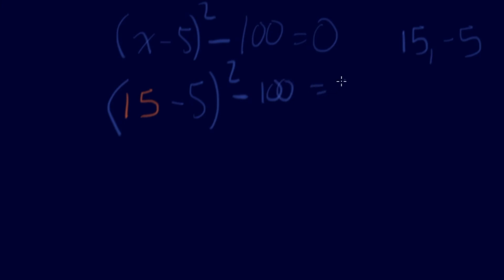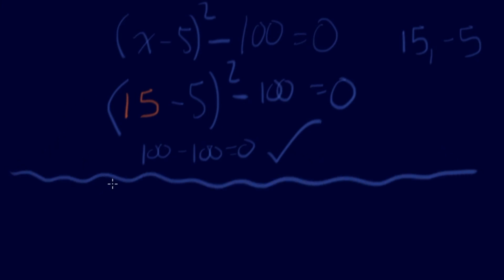This blue or purple is pretty trippy, isn't it? 15 minus 5 is 10. So 10 squared is 100. Is 100 minus 100 0? It sure is. Let's go try the next one. So the next one, I'm going to put that negative 5 in there.